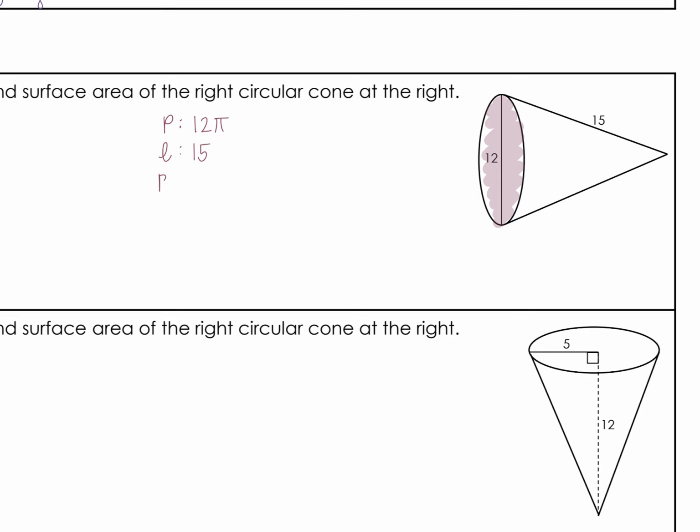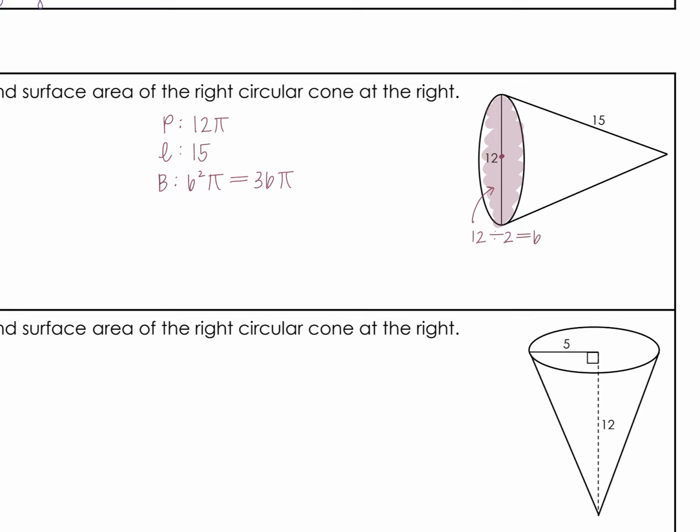And then for the capital B, the area of the base, we'll need our radius. My radius, remember, is going to be half of my diameter. So that 12 divided by 2 gives me 6. I'll take 6 squared times pi, which gives me 36 pi.